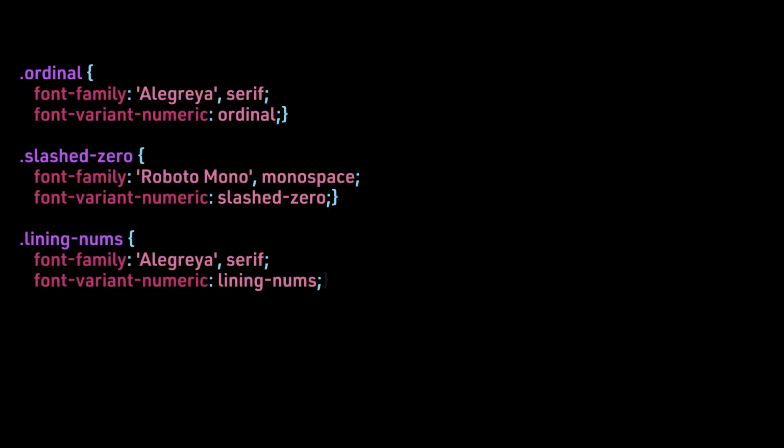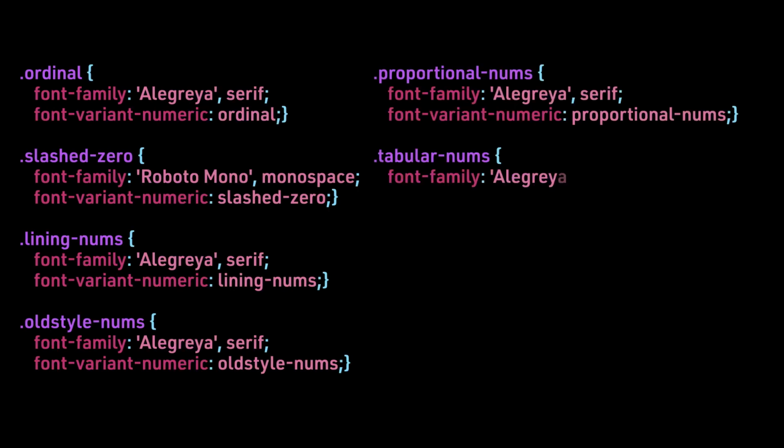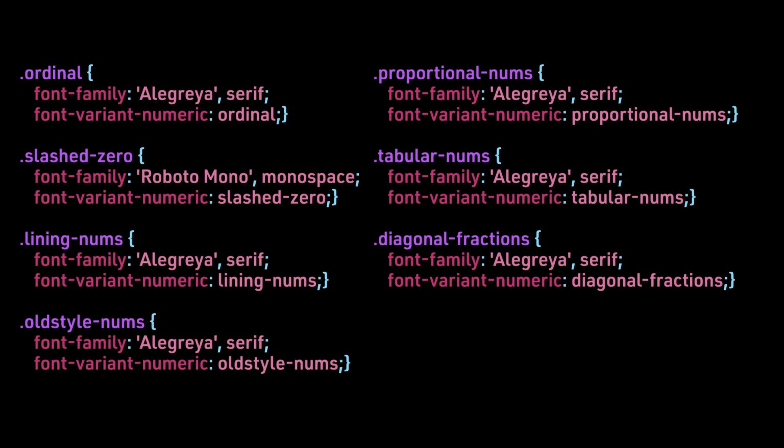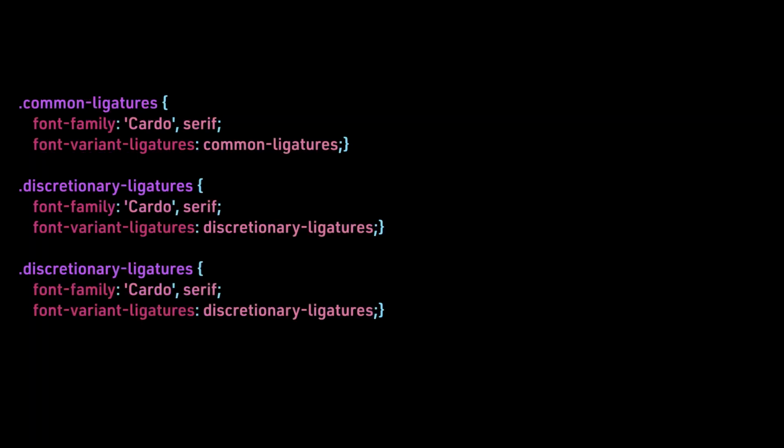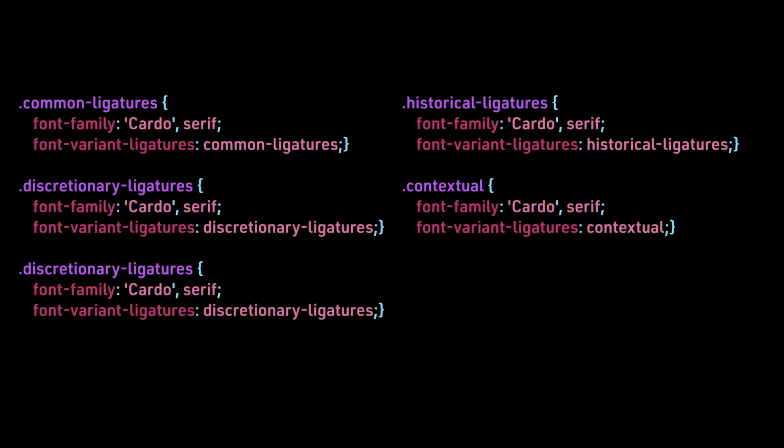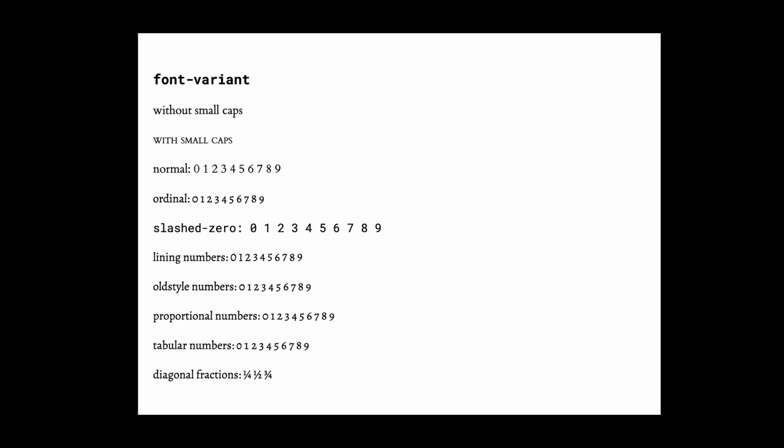For the numbers, we are using a combination of Allegreia to look at ordinal, lining nums, old style nums, proportional nums, tabular nums, and diagonal fractions. While for the slash zero, we are looking at Roboto Mono. We go back to Cardo to review the ligatures. And this is how these would display.